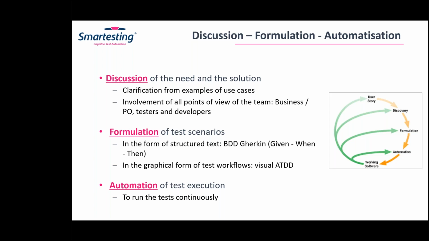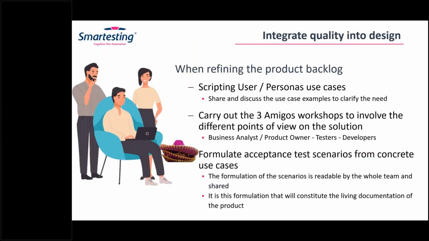So what I will be doing in the subsequent pages is comparing visual ATDD and BDD Gherkin, to recall what is similar and to show their differences in nature on a concrete example, so that it becomes even easier to understand. Like I said, these approaches share the same philosophy.